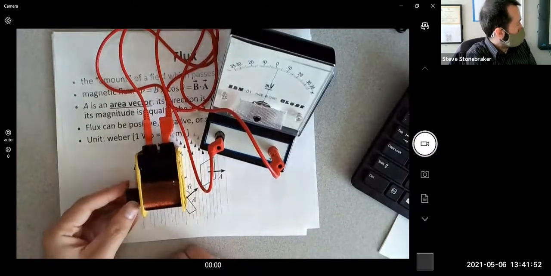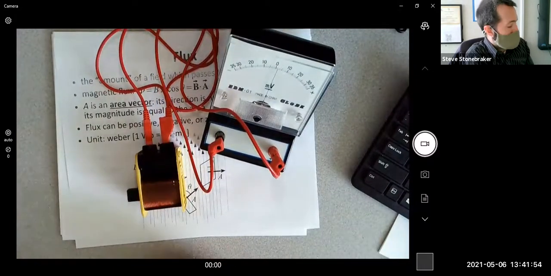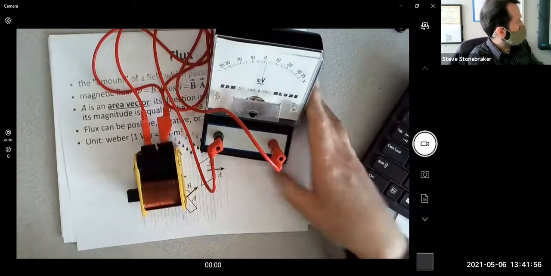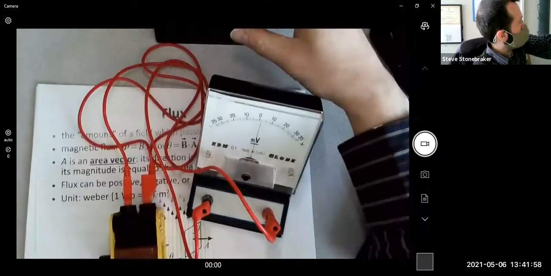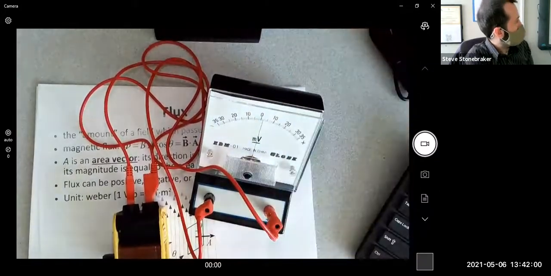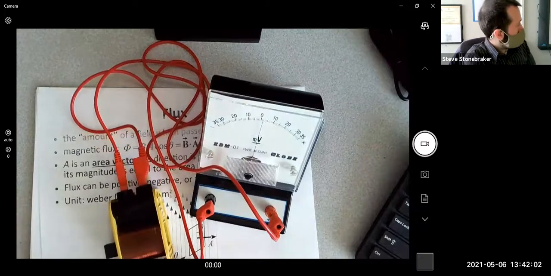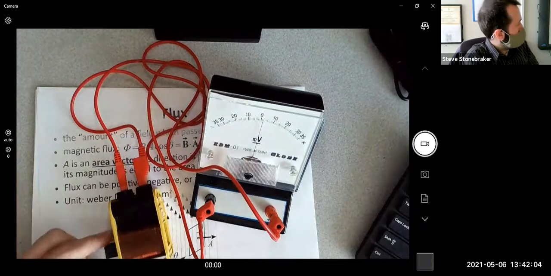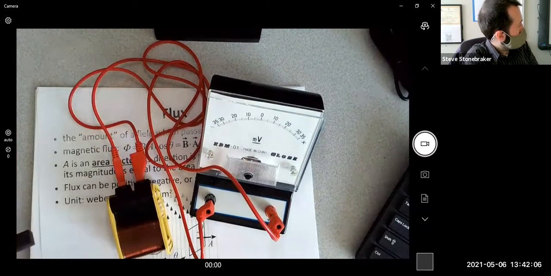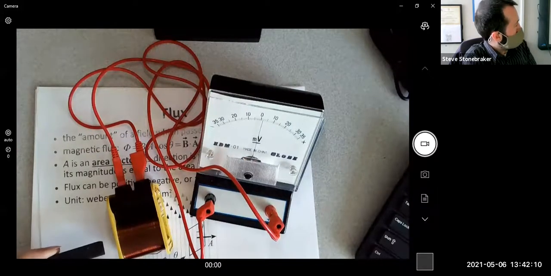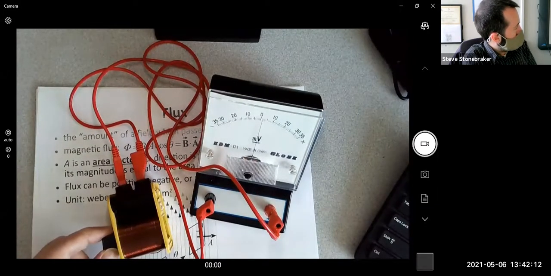Now the magnet is still in there, and right now the needle's not doing anything. It's a little better. The magnet is still in there and there's nothing happening, but if I take the magnet back out, it makes the needle move again. The needle only ever really does anything while I am making changes.